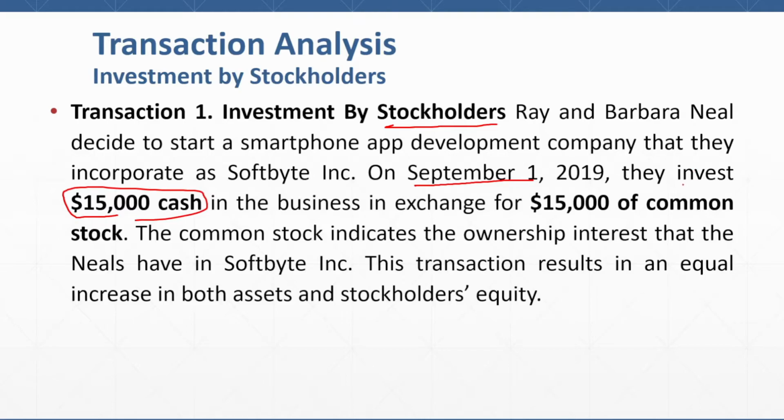They invest. So this is the keyword you need to pay attention to. They invest $15,000 cash in the business in exchange for $15,000 of common stock. There was another important keyword here.